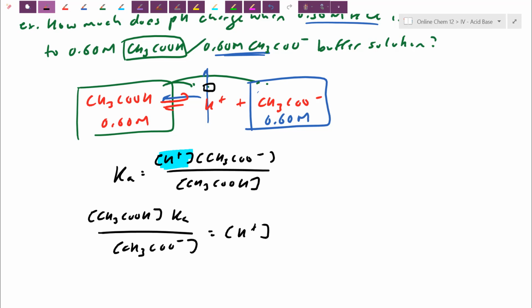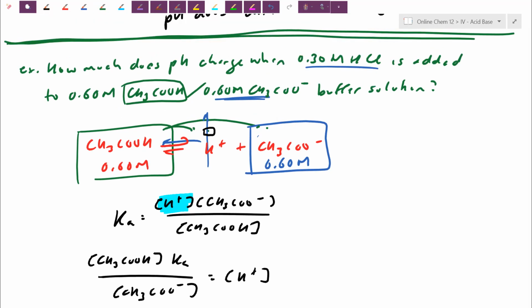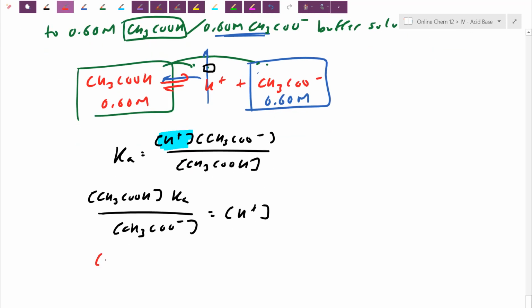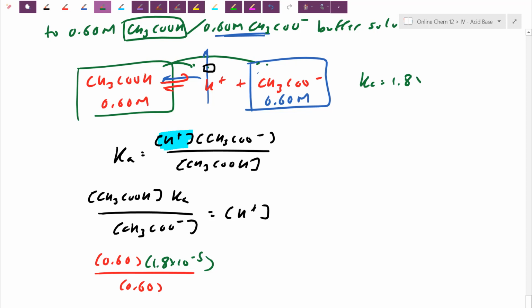So let's just start it off right now. Before I do any addition, just having my buffer system, knowing both of these are 0.60, I have 0.60 of my conjugate acid form and 0.60 of my base form. The Ka I can look up on the table, or it could be given to you in the problem. The Ka is 1.8 times 10 to the negative 5.